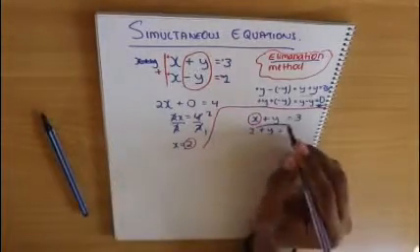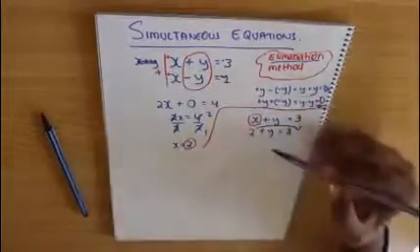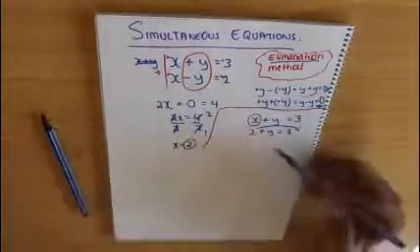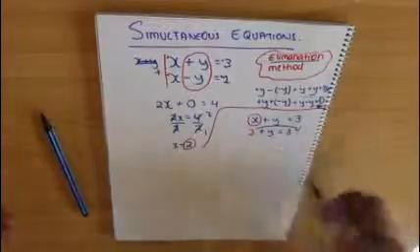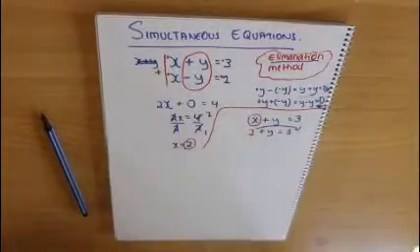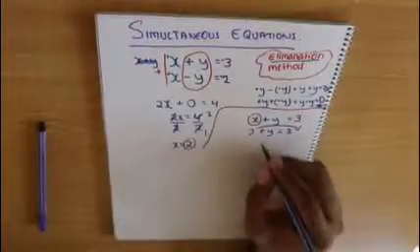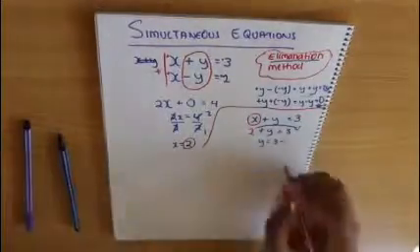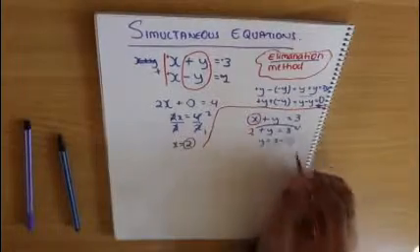If you bring 2 to the other side, because we want to find y, we want y on one side of the equation and the rest of the numbers on the other side, y will be equal to 3 minus 2.